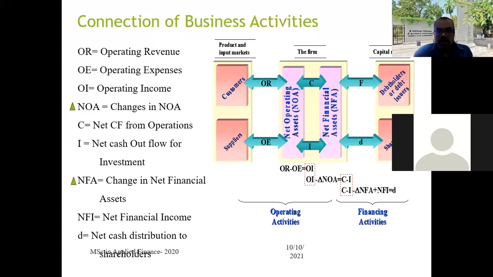This is the idea, the reconciliation idea. Finally, the income statement, balance sheet, and the cash flow statement should tally. These equations show us that the first one is straightforward. We can understand, right?